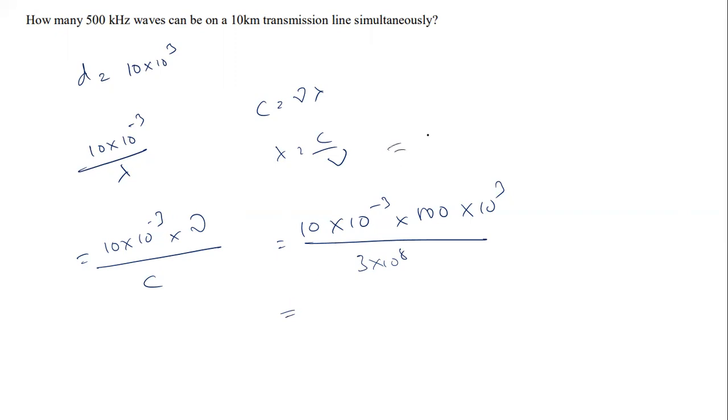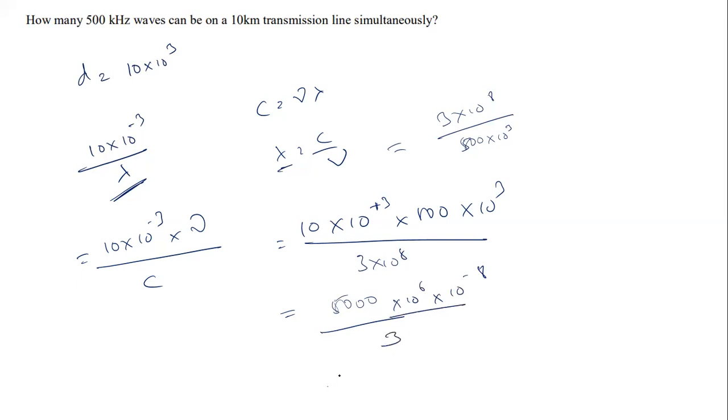Or you can calculate directly, C 3 into 10 power 8 by frequency 500 into 10 power 3. So you will get lambda. That lambda, substitute here. So 5000 into 10 power 6 into 10 power minus 8 by 3. Simplify, you will get the answer. The answer is around 16.67.